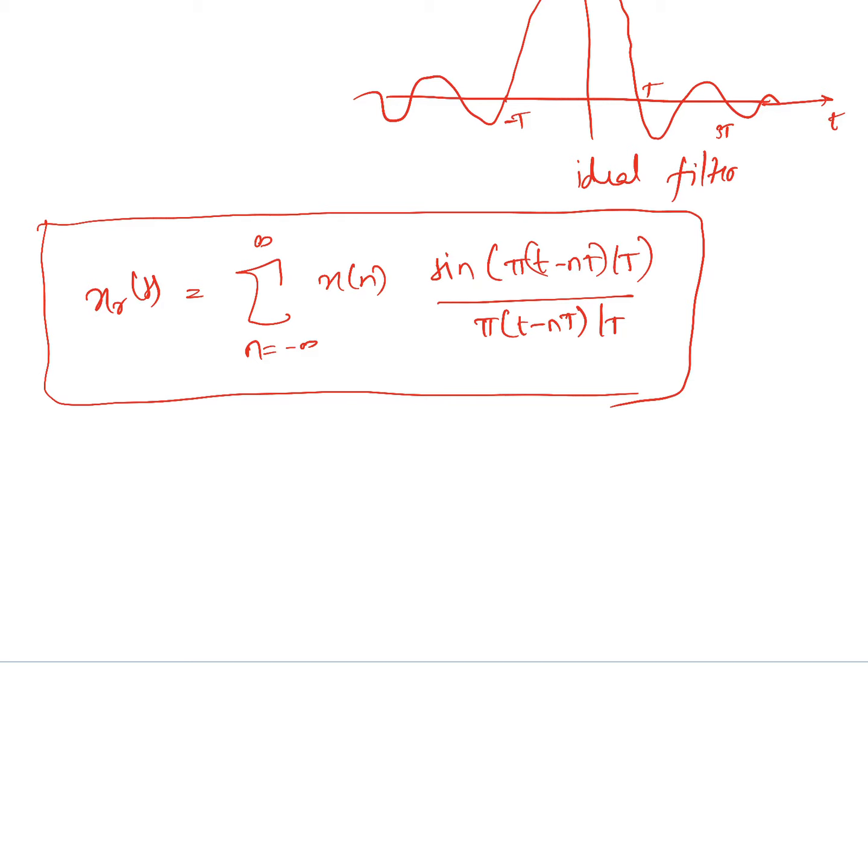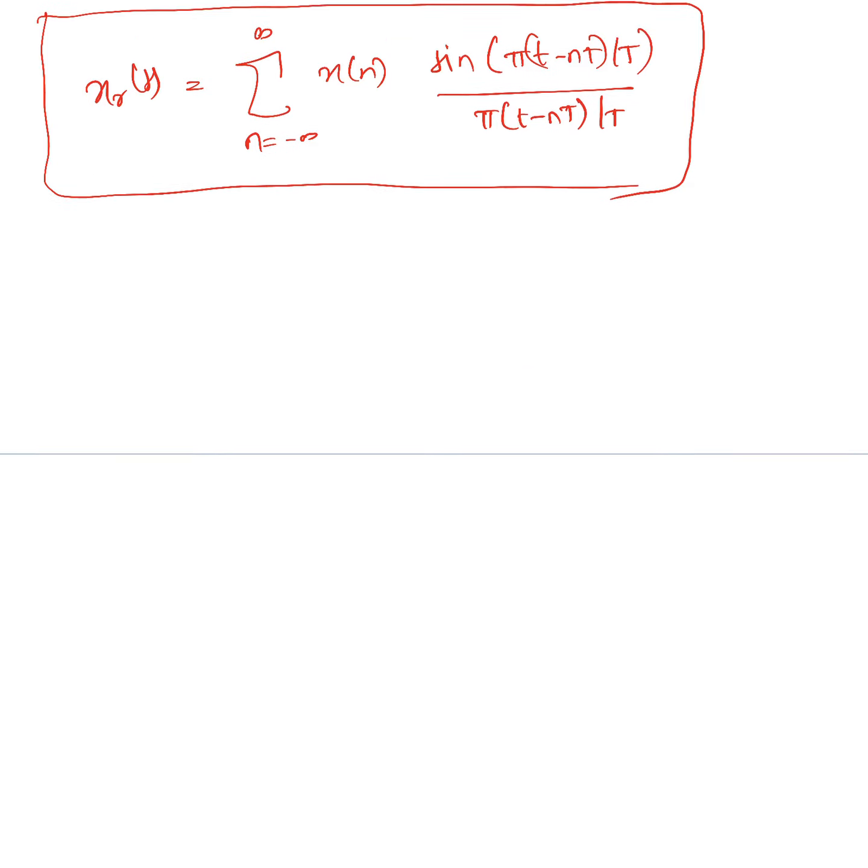There are some important points to note from this equation. Let's rewrite this equation XR of t in terms of HR and x[n], as the sum from minus infinity to infinity of x[n] HR of (t minus nT).